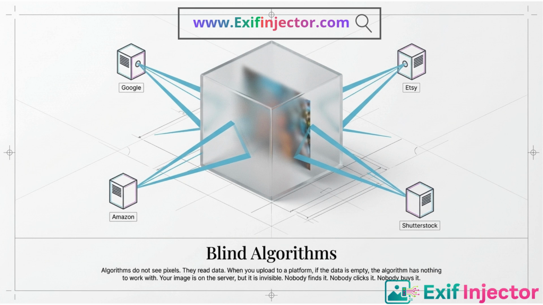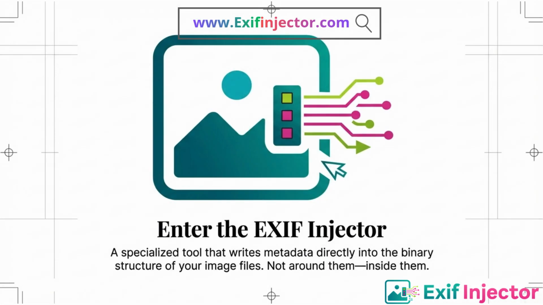Enter the EXIF Injector. This is where an EXIF injector changes everything. It is a specialized tool that writes metadata directly into the binary structure of your image files. Not around them, inside them. Keywords, titles, descriptions, copyright, all embedded into the file itself.